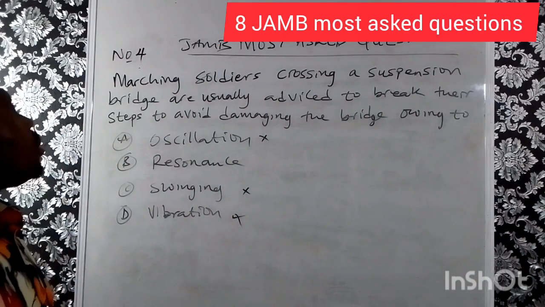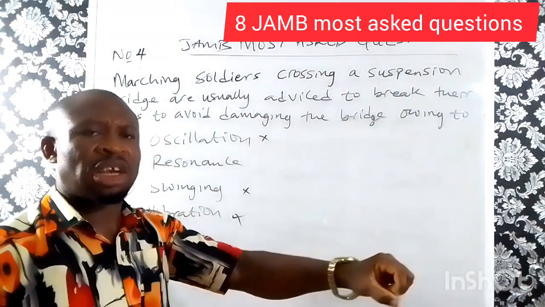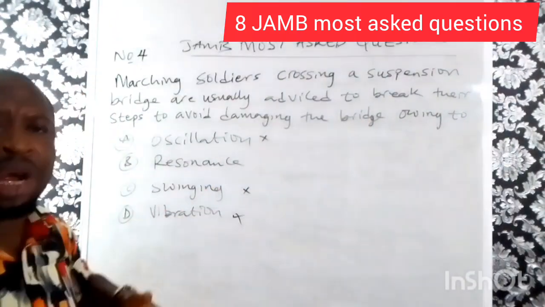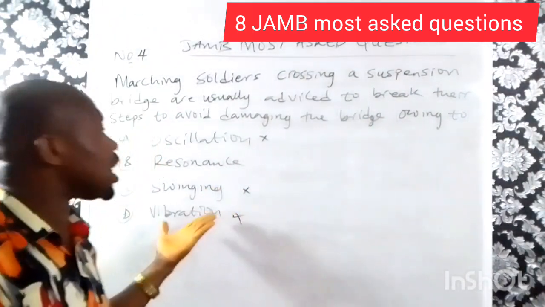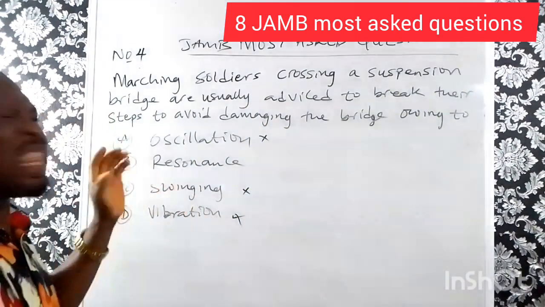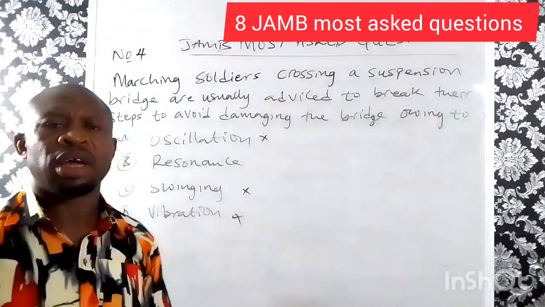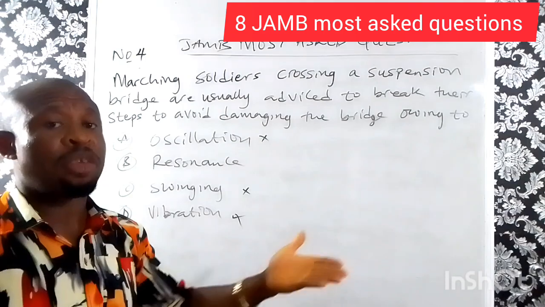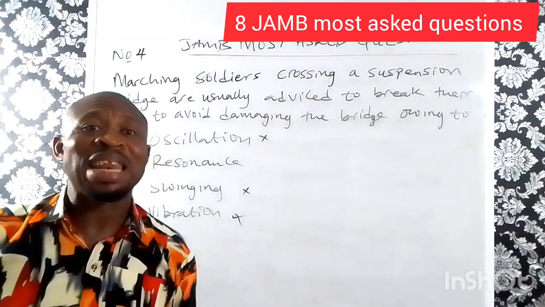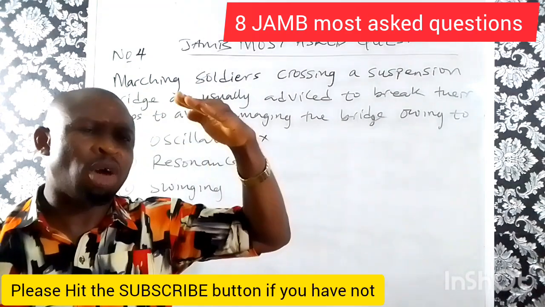Reason: once they are marching, they set the bridge into oscillation or vibration. When the frequency of the bridge becomes equal to that of the steps of the marching soldiers, the bridge can oscillate violently at maximum amplitude.